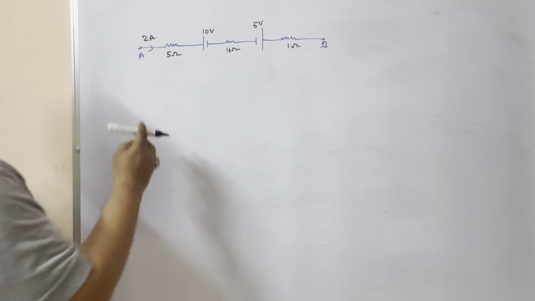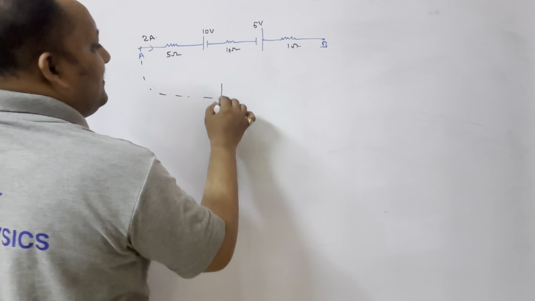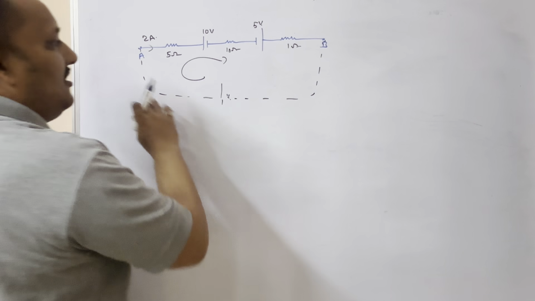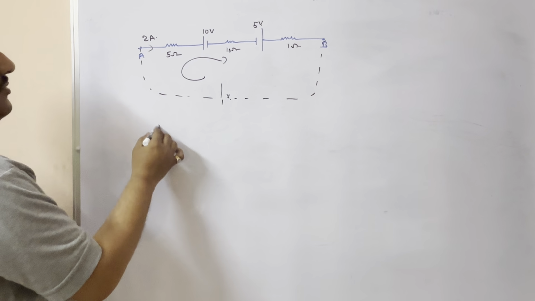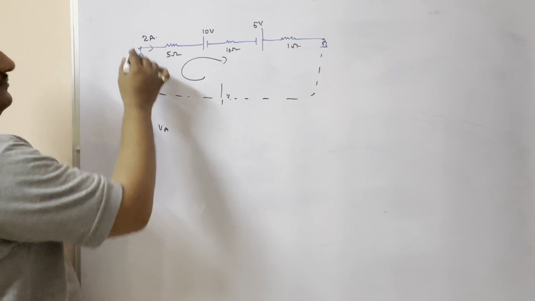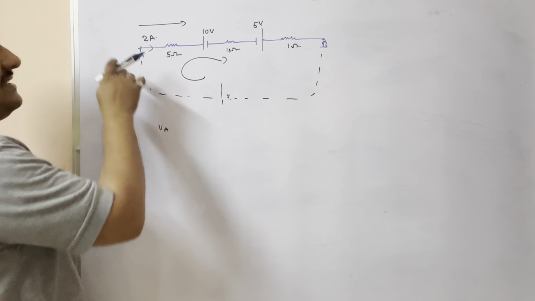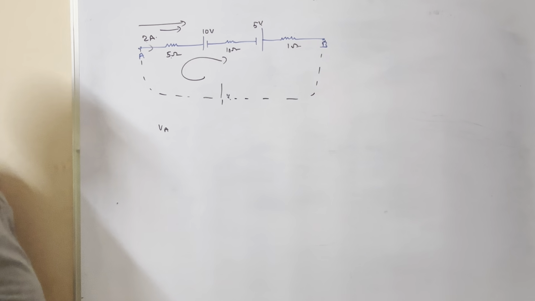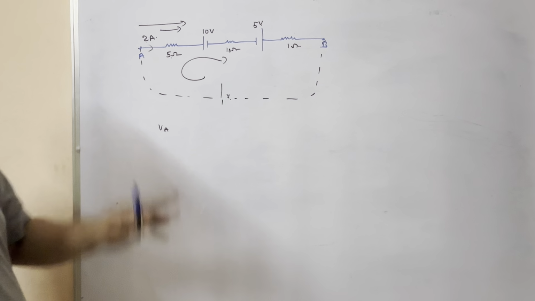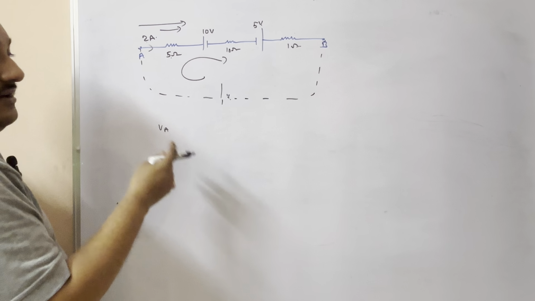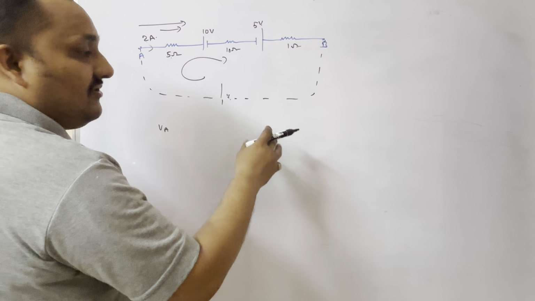At the time what you have to do is connect this one for one ideal battery. You have to assume you can take this circuit from A to B. Potential at A, VA. So 2 amperes, 5. So we are going in a loop like this, current also in the same direction. I told you, loop direction and current direction same means voltage you have to take negative. Already we discussed in Kirchhoff's laws and balancing condition of Wheatstone bridge.